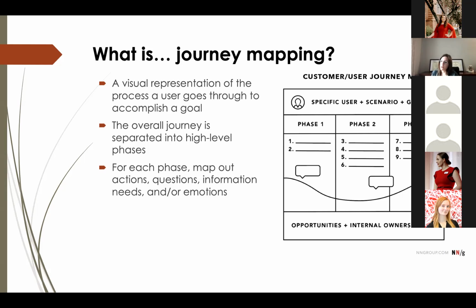And then as part of each of those phases, you'll map out, for example, what actions are they taking? What do they need to know at this specific point in time? What are their other general information needs?